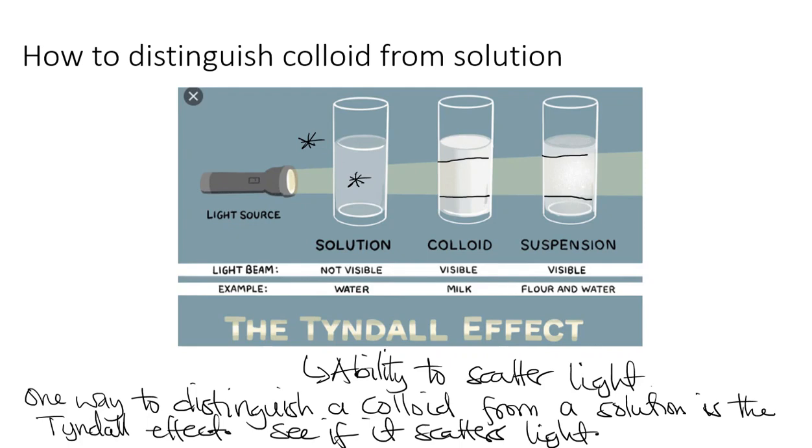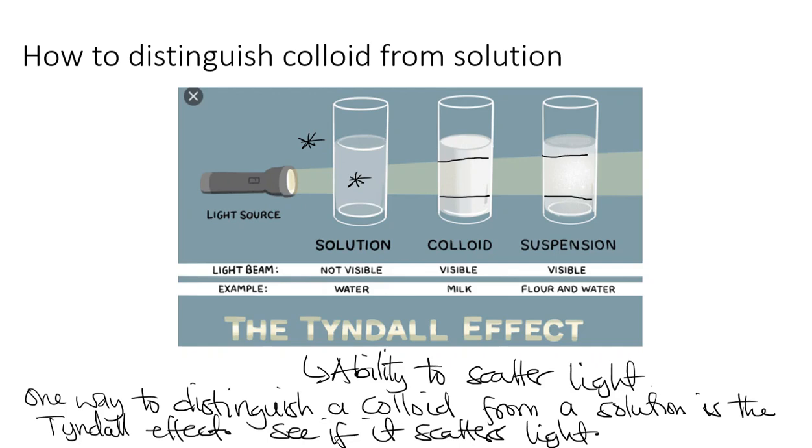It's easy to distinguish between a suspension and a solution because with a suspension you can see things suspended there, so you don't have to worry. But sometimes a colloid looks like a solution. So for you to know for sure that this is a colloid, not a solution, you need to use the Tyndall effect experiment, where you pass a beam through the mixture and see if light is scattered, then it's a colloid.